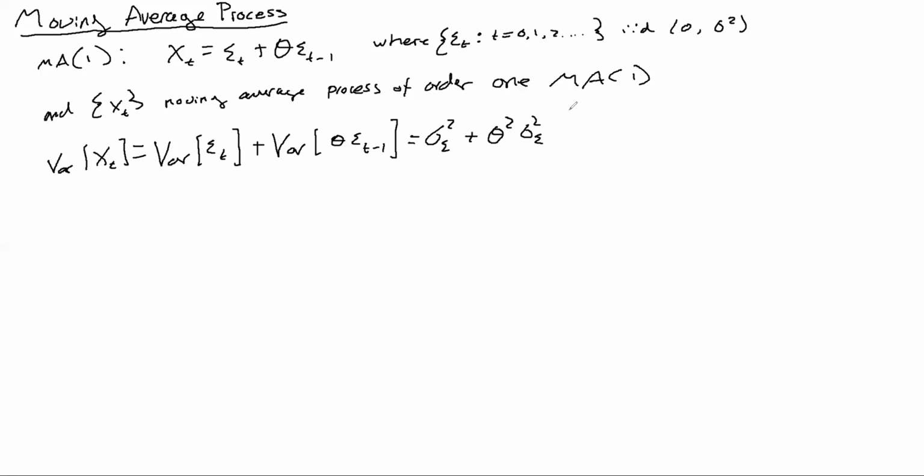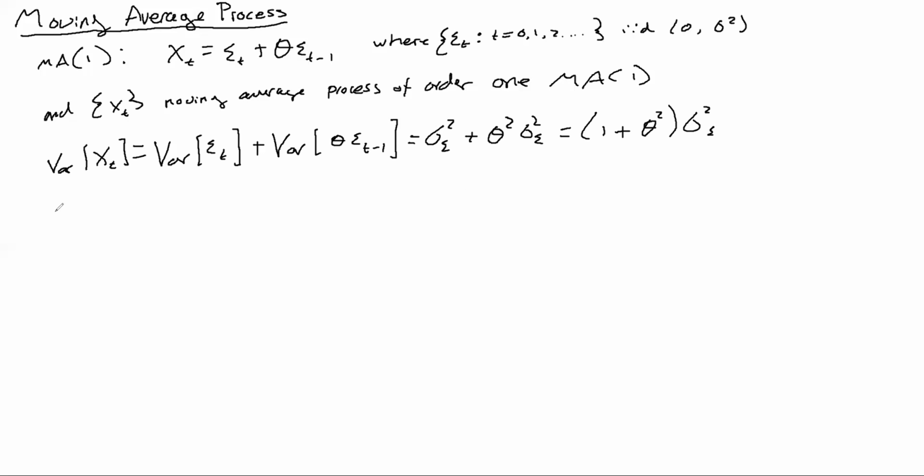Then you can factor out the sigma squared, and you get 1 plus theta squared multiplied by the variance of the error term. So this is the variance of our first order moving average process.